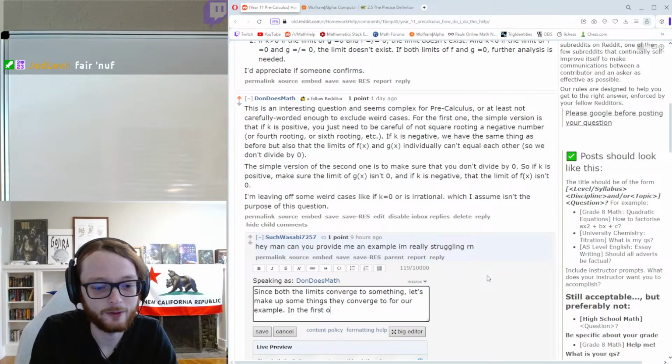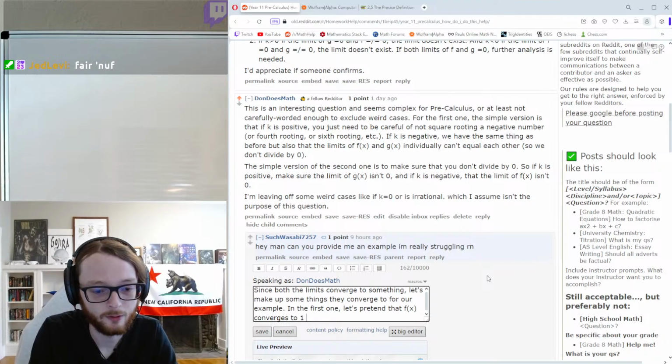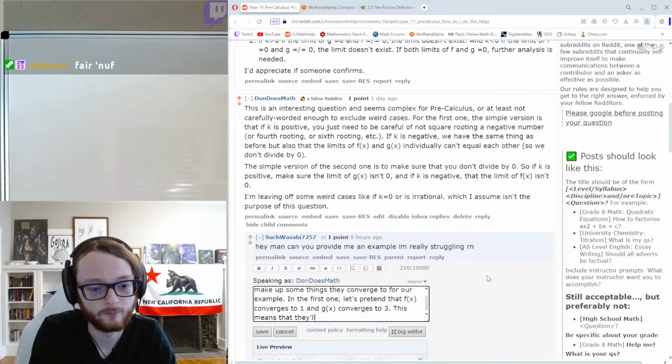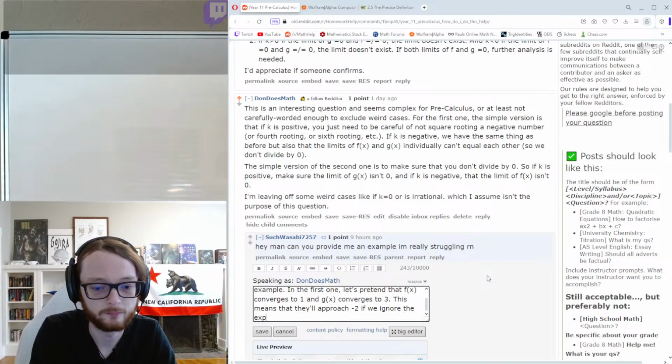In the first one, let's pretend that f of x converges to 1 and g of x converges to 3. This means that they'll approach -2 if we ignore the exponent.